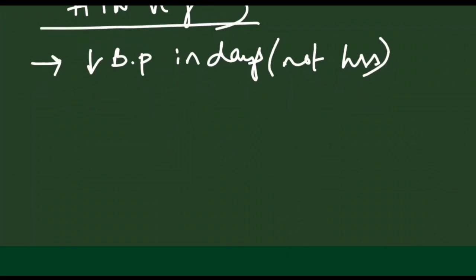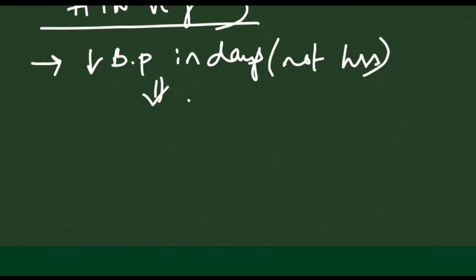Why so? I'm just giving an overview of the reason. If the pressure is very high, the cells of the end organs get used to this high blood pressure. Now if we reduce the BP drastically, there can be a situation of ischemia, where the cells feel like they are not getting enough blood supply, because they are used to the excessive blood pressure.